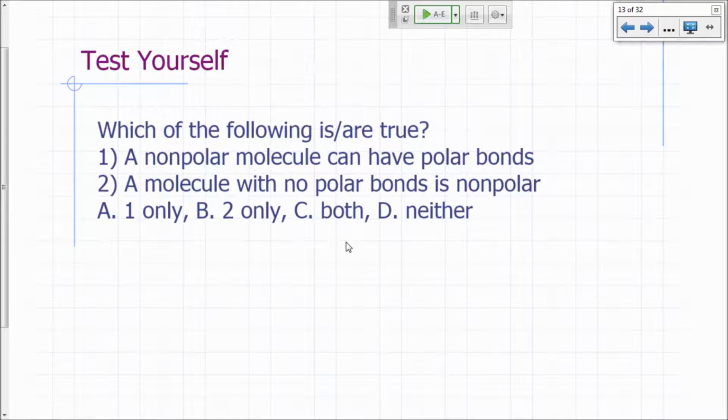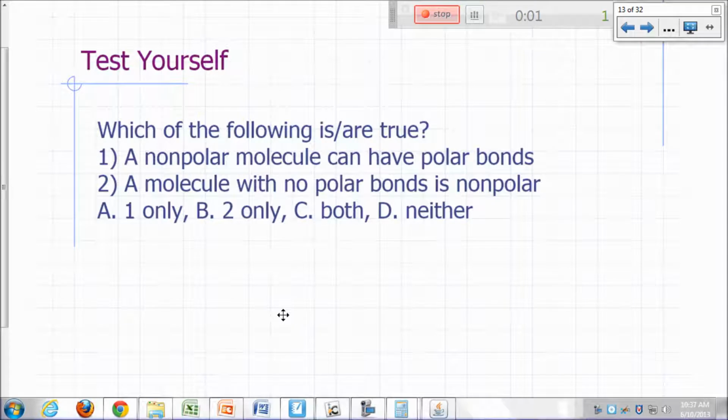Okay, how about this one? Which of the following is or are true? Number one, a non-polar molecule can have polar bonds. Number two, a molecule with no polar bonds is nonpolar. Is it one only, two only, both, or neither? What does a molecule need to have to be polar? At least one polar bond.